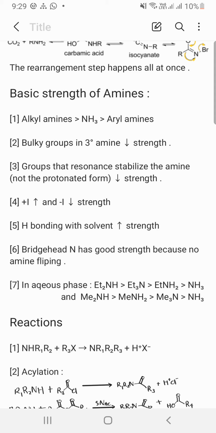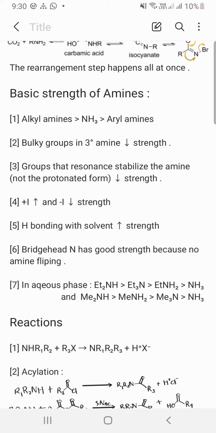Then NH3 itself is okay, and alkyl amines can give you electron density, so that's good. It's not about hyperconjugation really in alkyl amines. They just give you electron density inductively. That's what happens.